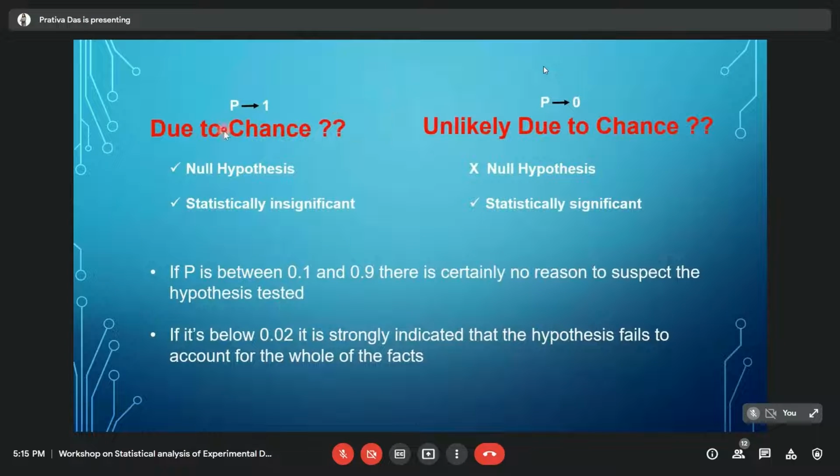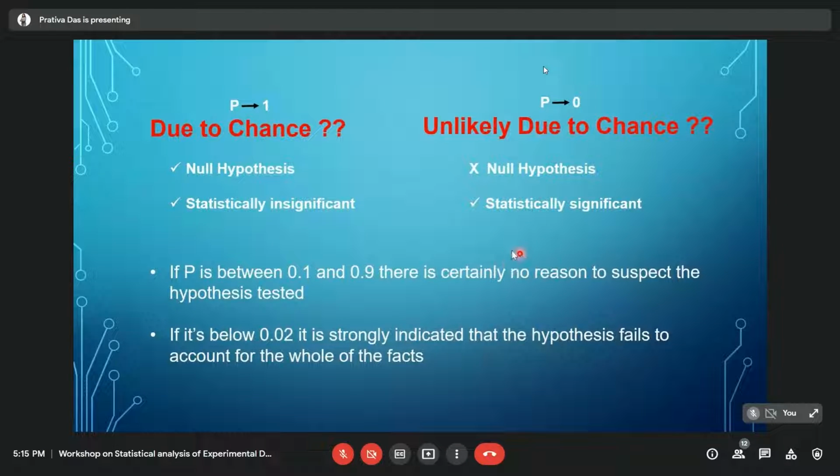As I mentioned, if the p-value is closer to 1, then you can say that your null hypothesis is true and there is no significant difference between the groups. And if your null hypothesis is not true, that means your p-value is very close to 0, and you can say that the difference between these different groups is very significant.